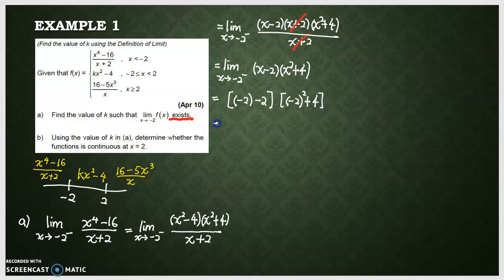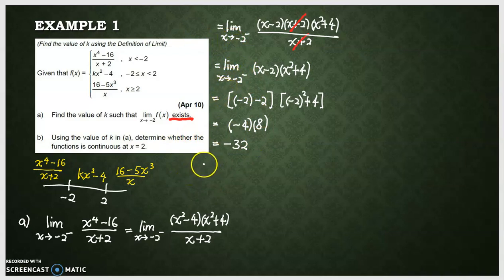Negative 2 minus 2 is negative 4, multiplied by negative 2 squared which is 4, 4 plus 4 is 8. So here we should have negative 32. This is the limit when x approaches negative 2 from the left hand side.